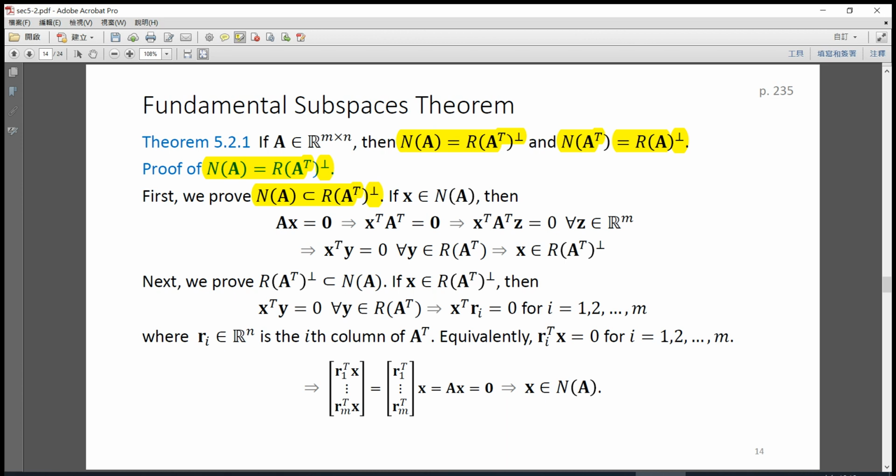The second inclusion is the orthogonal complement of the column space of A transpose is a subspace of the null space of A. If the two inclusions are both true, then this means the null space of A equals the orthogonal complement of the column space of A transpose.